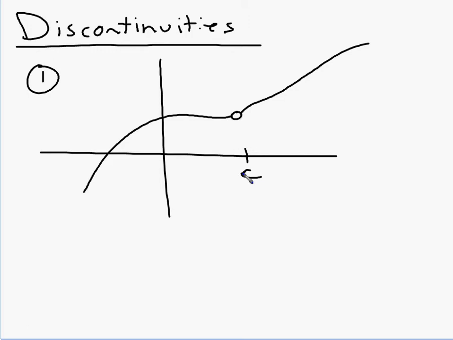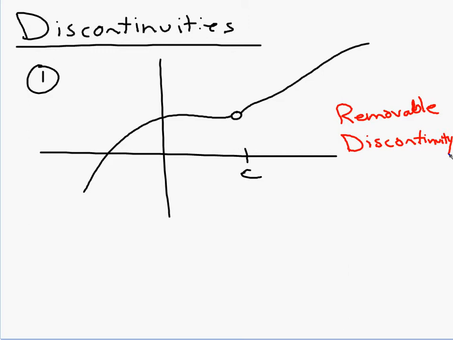Do we see why? Is f of C defined? Nope. f of C is not defined. This is what we call a removable discontinuity. You know why it's considered removable?